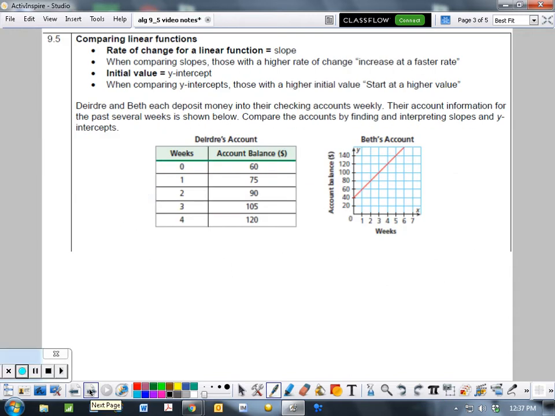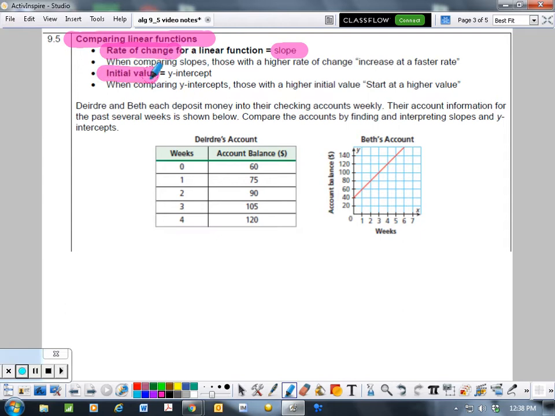Next question, comparing linear functions. So now we're just going to go back to our linear functions. And we're going to look at our rate of change, which is really the same thing as slope. And when we're comparing slopes, those with a higher rate of change increase at a faster rate. Our initial value is also known as our y-intercept.